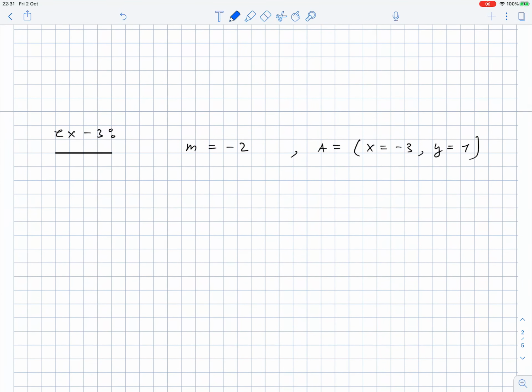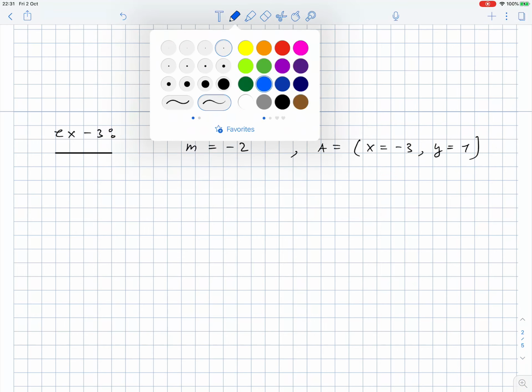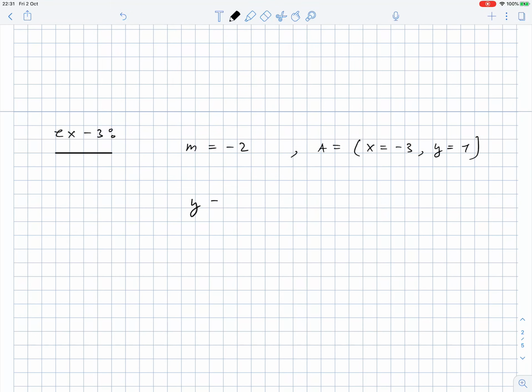Example number 3. We have the slope and a point, which means we don't have to calculate the slope. One less step. Again, we will write the formula of a general linear function. Of course, in this case, you have only one choice for x0 and y0, which is A. M is given, -2.